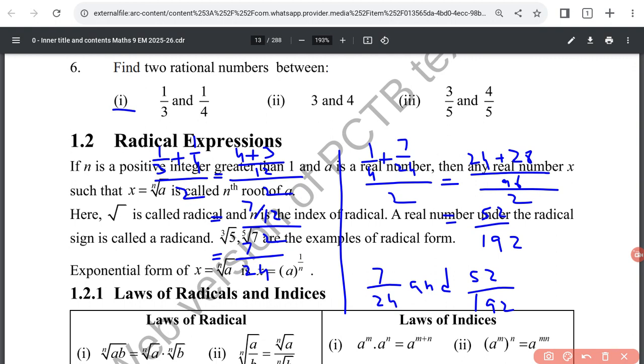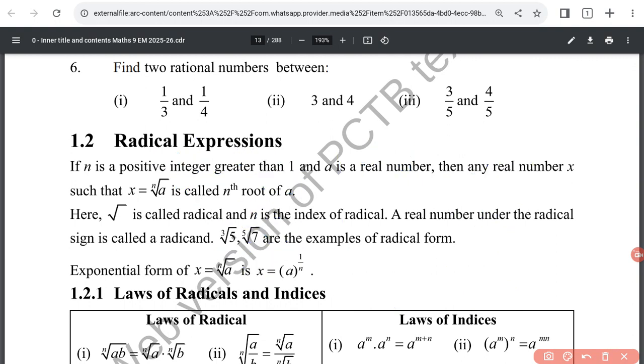Okay, so now we move towards the next question, that is 2 and 3. So we take the average of 2 and 3. 3 plus 4 over 2 is equal to 7 over 2. Now we take the average of 4 and 7 over 2.